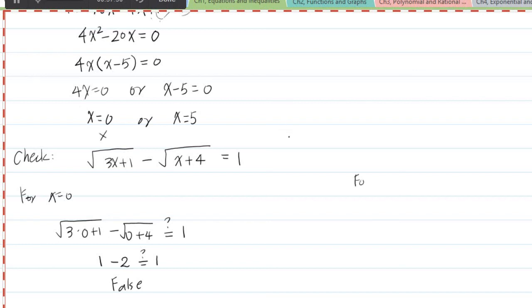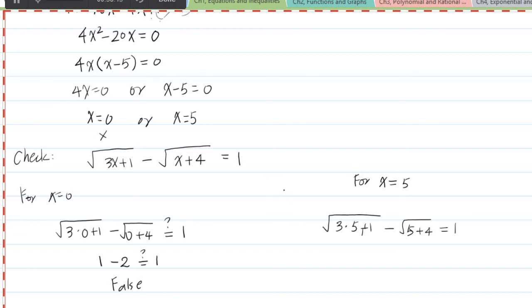Now we're going to check for x equals 5. Let's plug in everything: the square root of 3 times 5 plus 1, minus the square root of 5 plus 4.